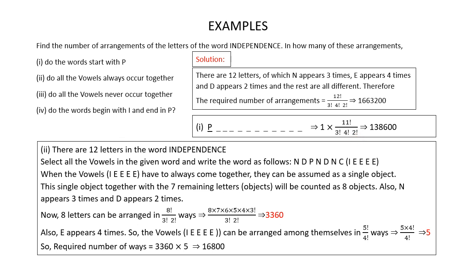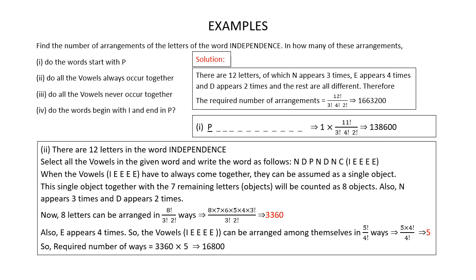So now we have the number of arrangements as 11 factorial divided by 3 factorial multiplied by 4 factorial multiplied by 2 factorial. Now on solving this, we get the number of arrangements in which the words start with P as 138,600.